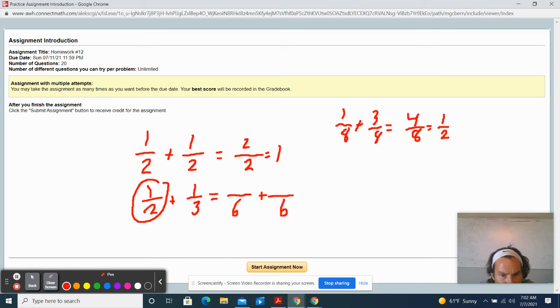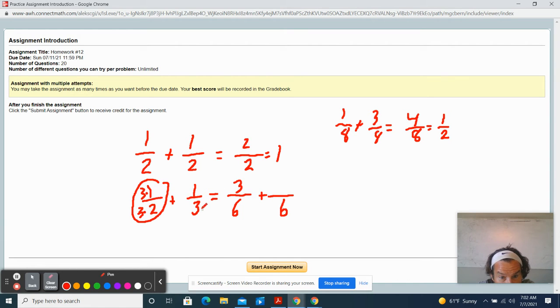Well, if this number is multiplied by 3 to get 6, then this number has to be multiplied by 3. And we get 3 over 6. And 3 over 6 is equal to 1 over 2. So we're really not changing the value of the fraction. We're changing what the fraction looks like.